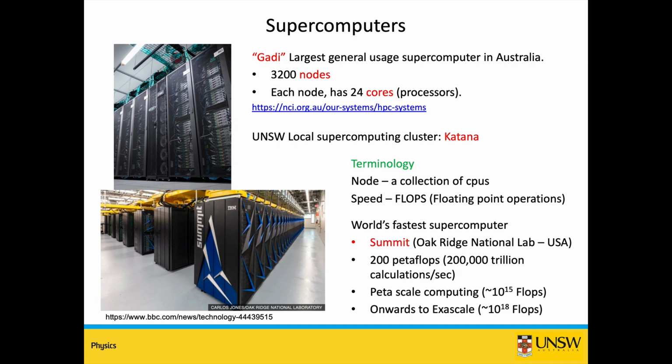So its capacity is quite huge. And these days we are talking about petascale computing, so the state of the art is about 10 to the power 15 flops. And people are trying to reach the exascale limit, which will involve about 10 to the power 18 flops, but that's still a bit far away.